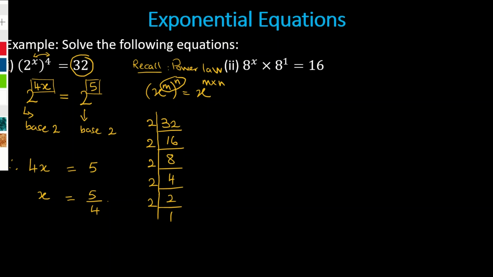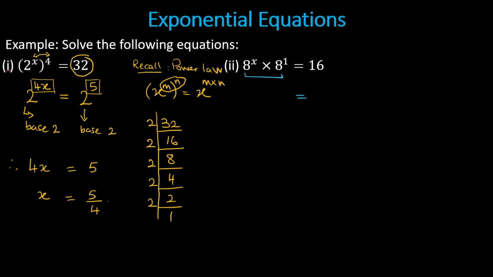The second part we have 8 to the power of x times 8 to the power of 1 equal to 16. Right. If we observe the left hand side of the equation, we have base 8 for the first number and base 8 for the second number as well.